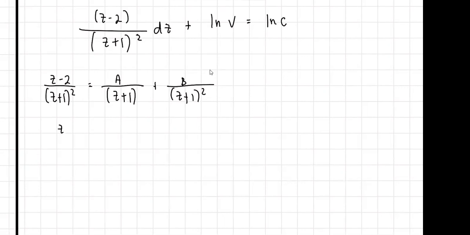So z minus 2 equals a times z plus 1 plus b. To get the values of a and b, we substitute values for z. When z equals 0, -2 equals a plus b.